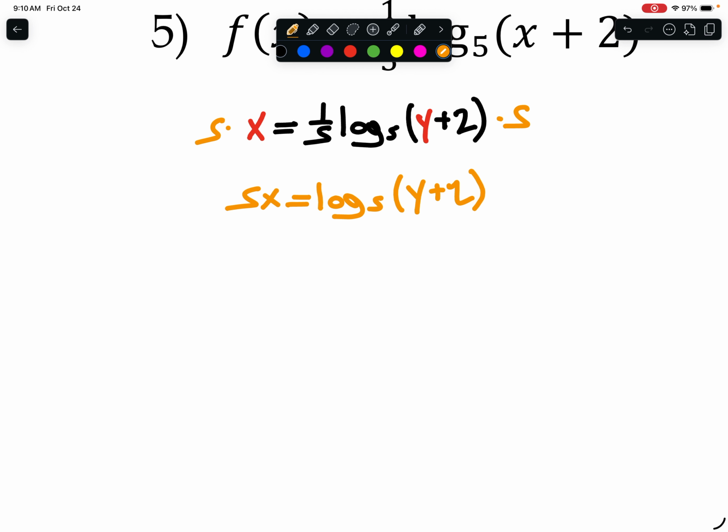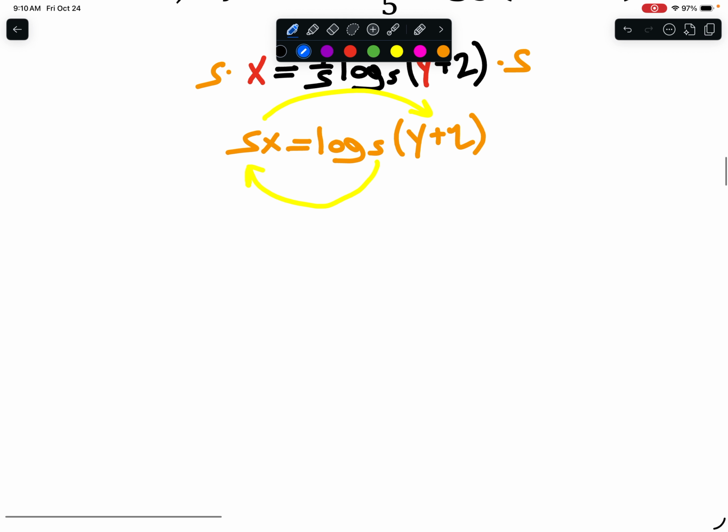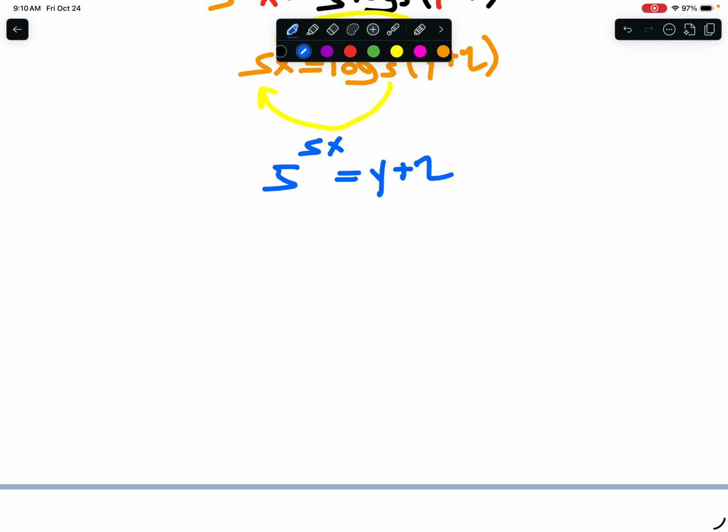And now I'm ready to convert since I have my logarithmic expression isolated. So this is going to give us 5 raised to the 5x equals y plus 2. And then subtract the 2 over. So I'm going to be left with y equals 5 raised to the 5x minus 2.